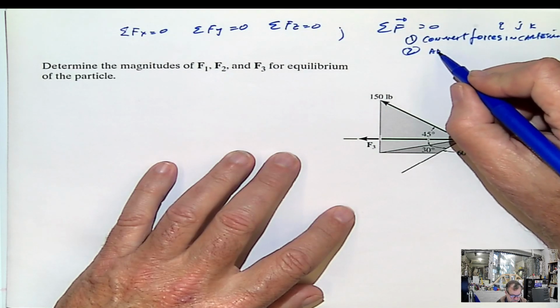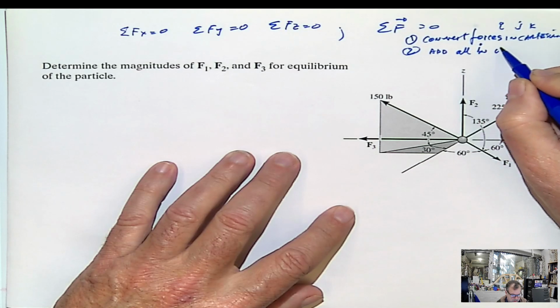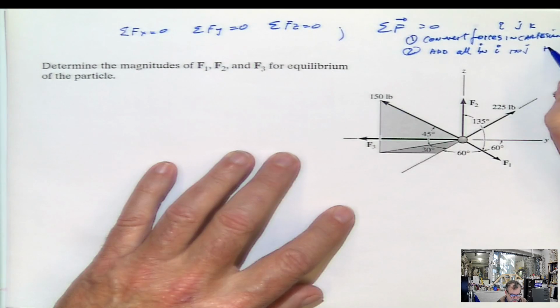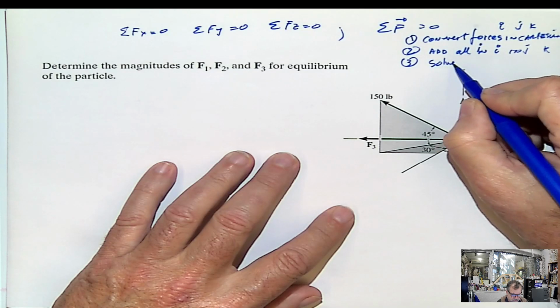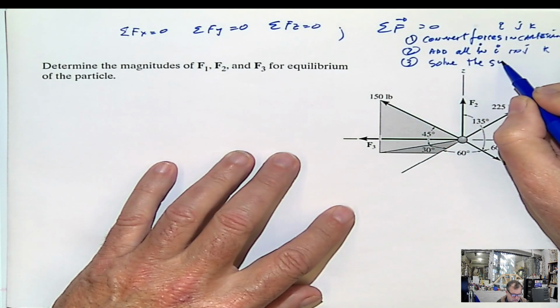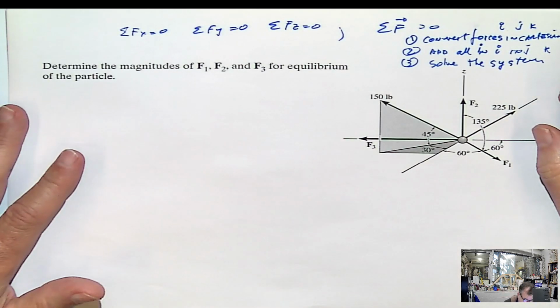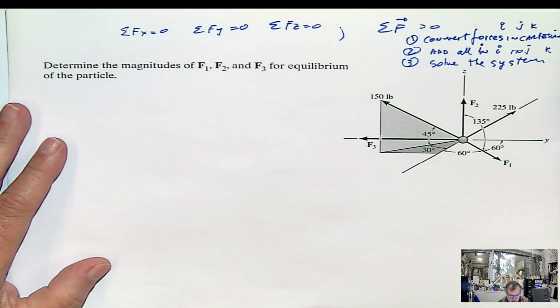So add all in I, all in j, and all in k. And 3, solve the system. Because you're going to come at the end with a system of 3 equations and 3 unknowns, no matter what you do. So let's start the problem.